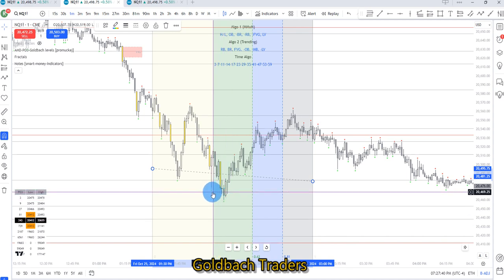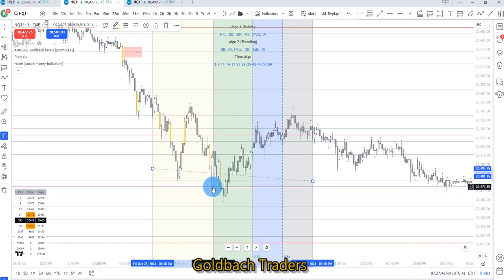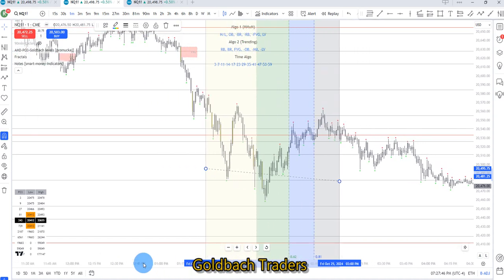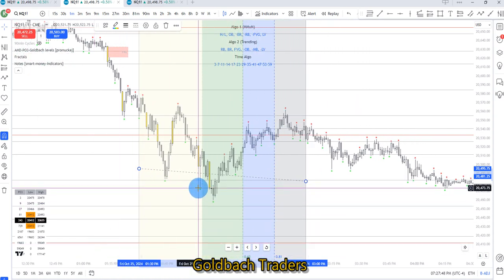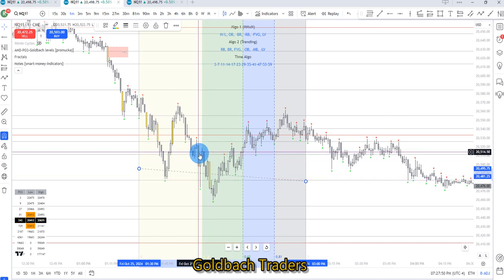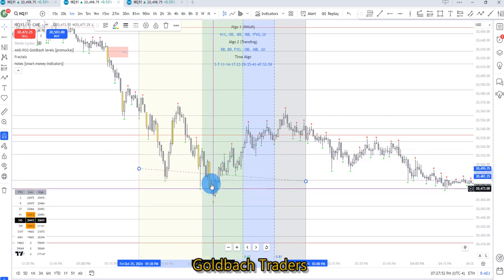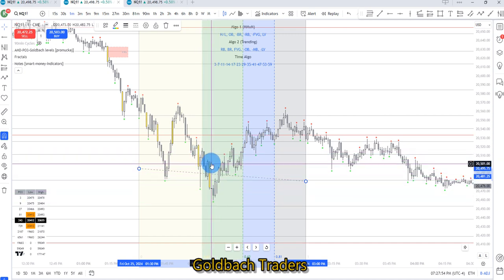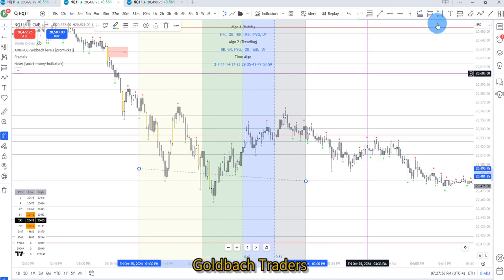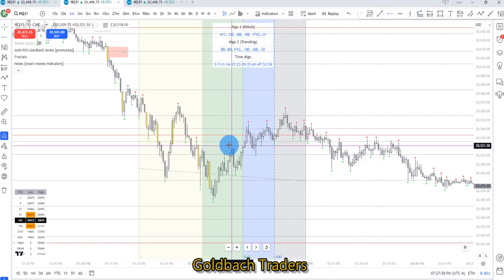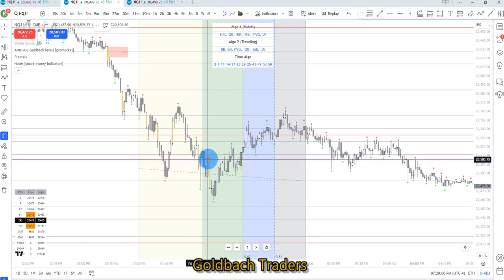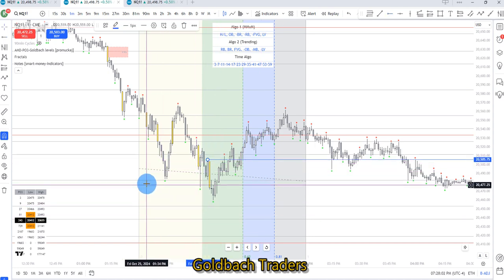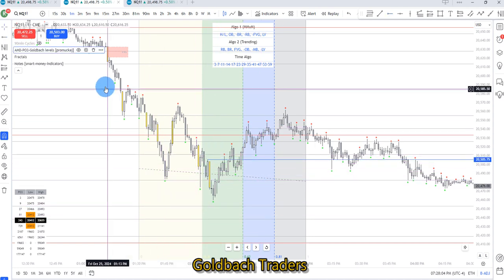Now, I thought this was going to be it, but I didn't have anything lining up to the left that made sense. The other thing is I kept watching it because I was going to see if it was going to break structure, and it never did. But here it actually did, but not in the way that I used to trade it, where I had to break this structure right there. I'm going to get rid of these cycles now.